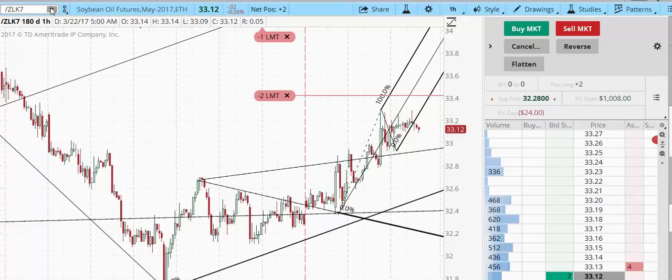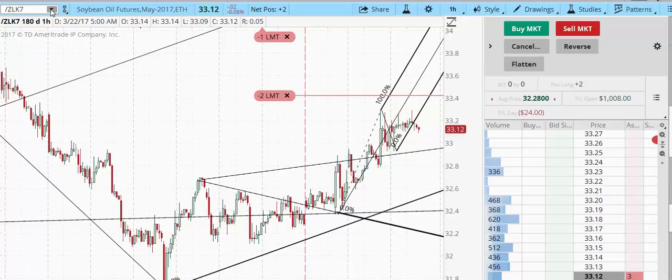I might have several positions on at any given time, so that's something to consider. In some cases, when I think the probability is very high, I may increase that number. Instead of one per unit, I might do 2 or 3, but that also depends upon what I'm trading.